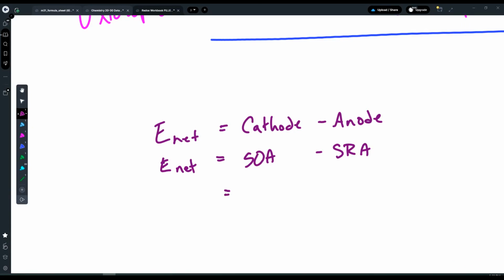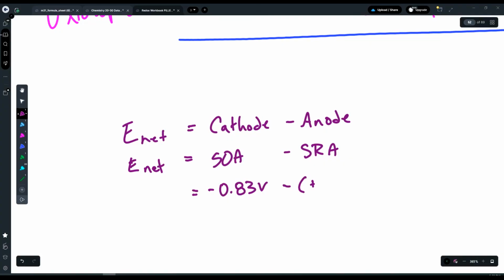But if you wanted to see how to do this with the formula, you just write in the reduction values as they appear on the redox table.